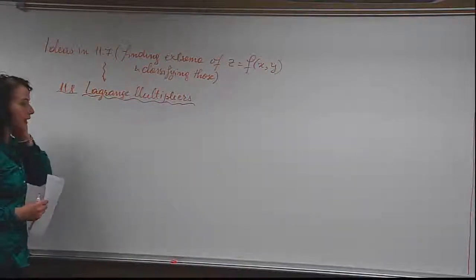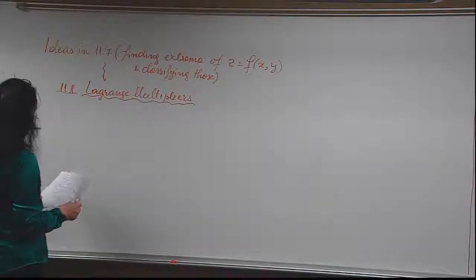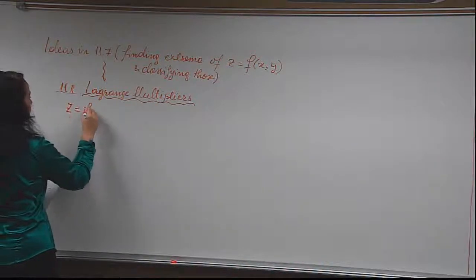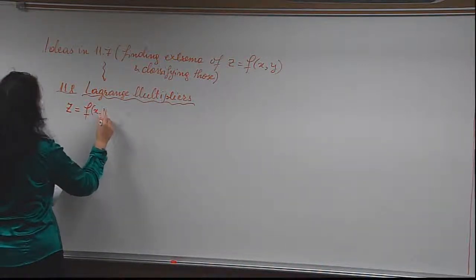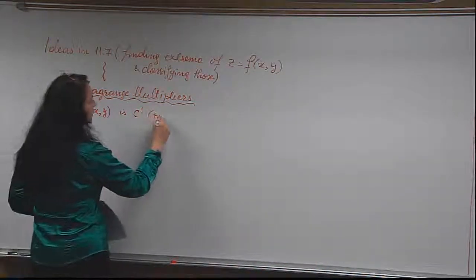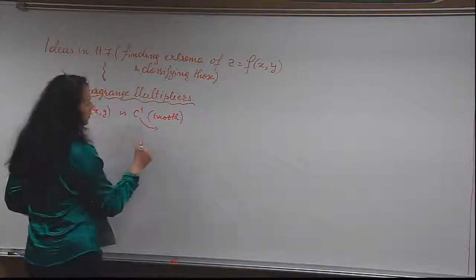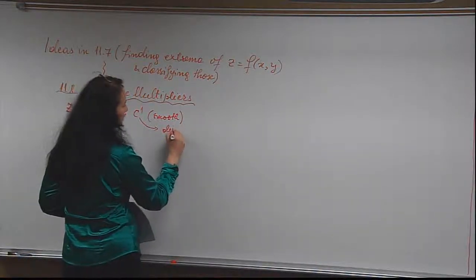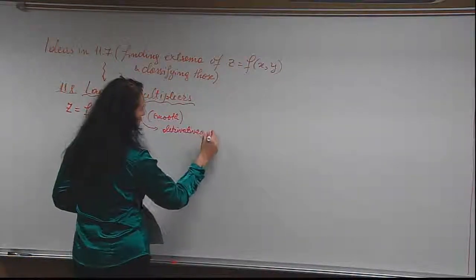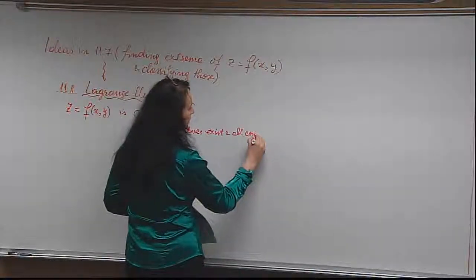The Lagrange multipliers are going to help you. So practically, what should we assume known? That the function of 2 variables that we deal with is C1. Sometimes I assume it's smooth. What do we need? We need that the derivatives exist and are continuous.